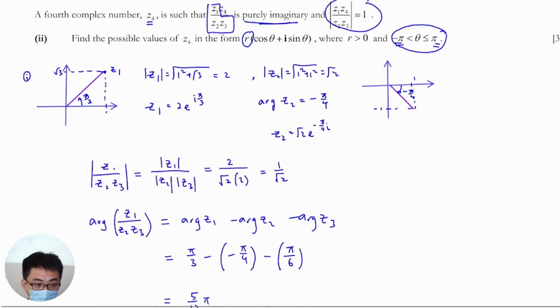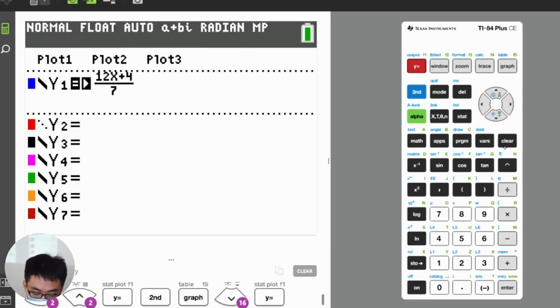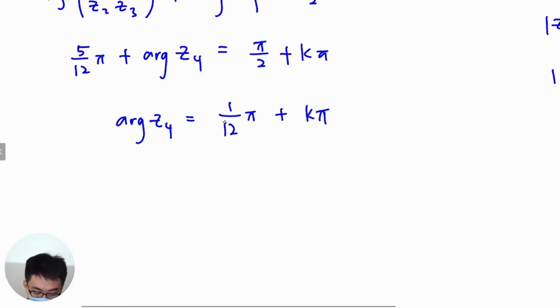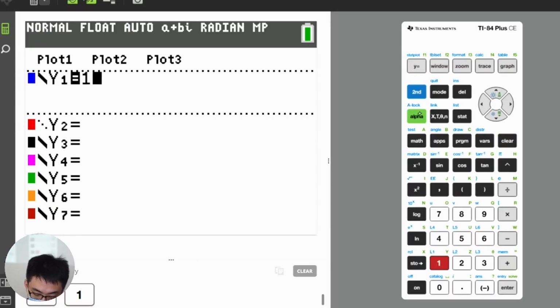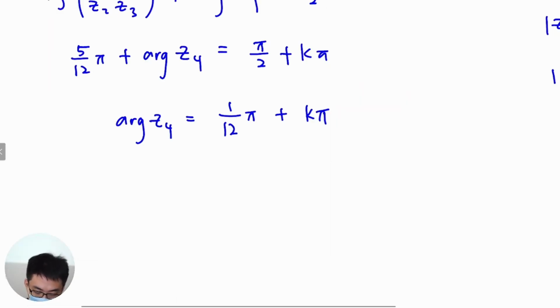So in this case here, you can use your calculator if you want to lah, but if you don't use also can. You actually can just observe. This is 1 over 12 plus k, which is an integer value here.